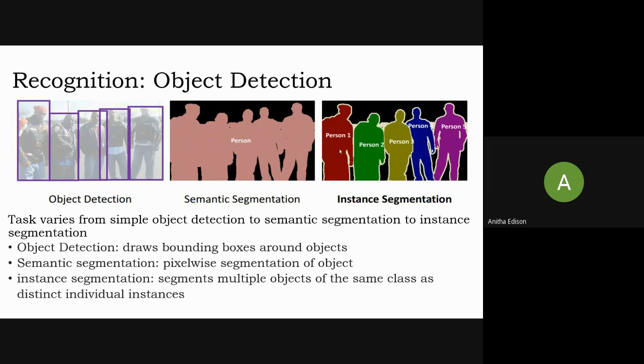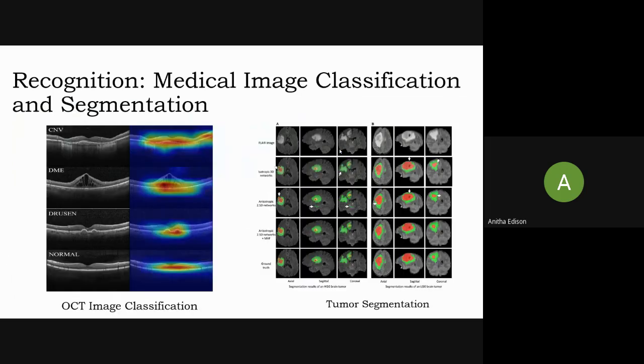So this is object detection. And this is used not just with simple images. We can apply recognition in medical images also. For example, an OCT image is a particular image of the eye, and we can use it to identify particular diseases.